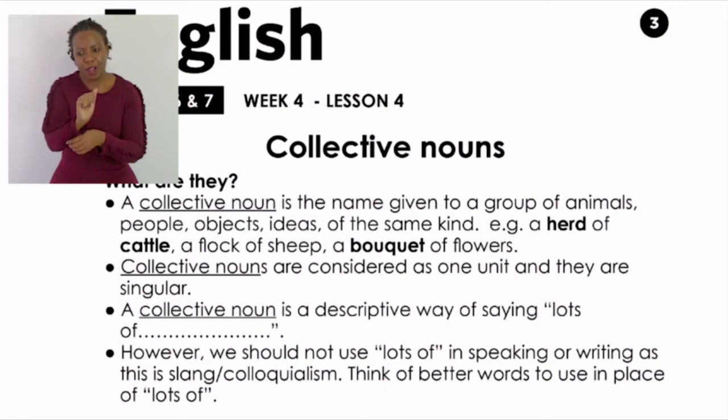A collective noun is a descriptive way of saying lots of, like lots of books. Should we always say lots of books? What is the collective noun for lots of books? One can say a library of books.